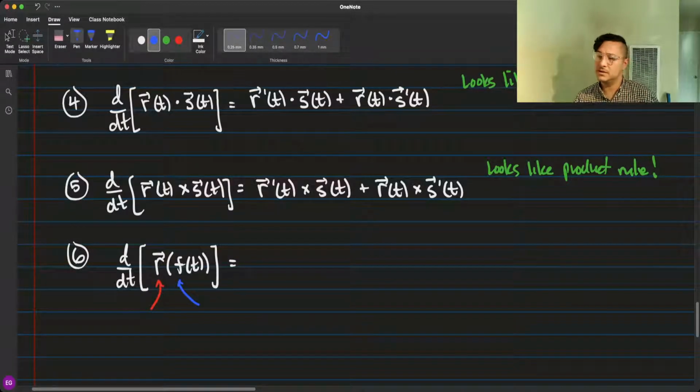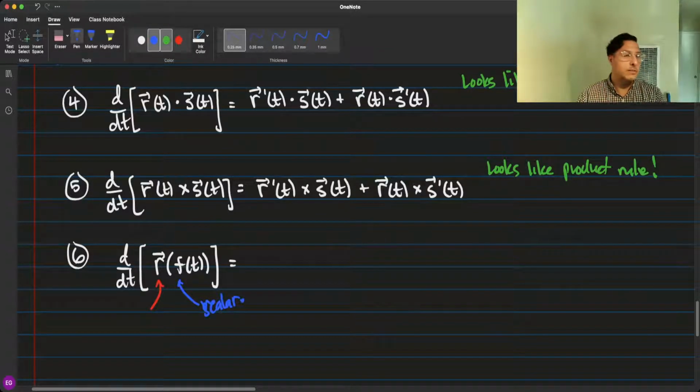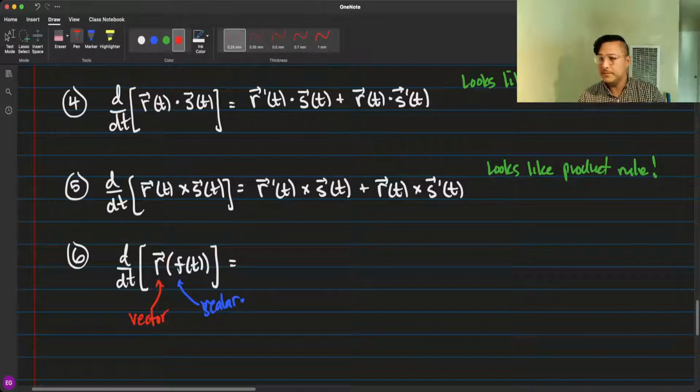We have the two possible functions: scalar valued and vector valued. So f is a scalar valued function. You plug in a scalar and it spits out a scalar, and then that scalar is plugged into r, which spits out a vector. Okay?